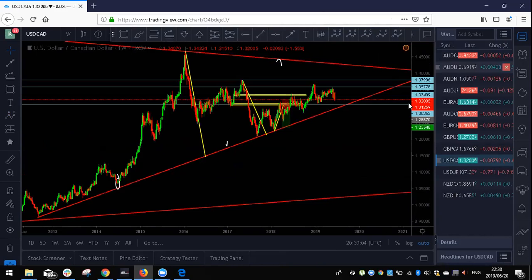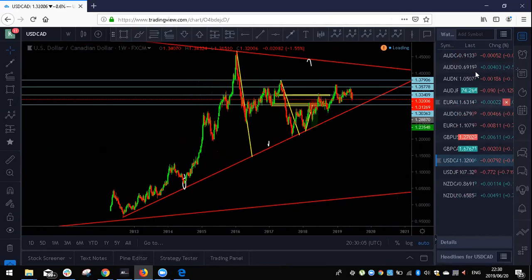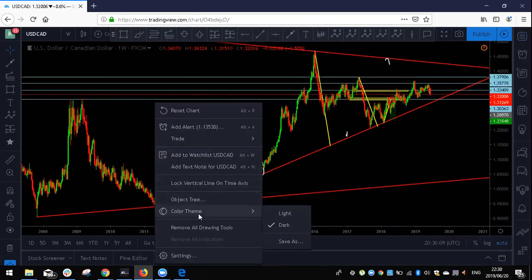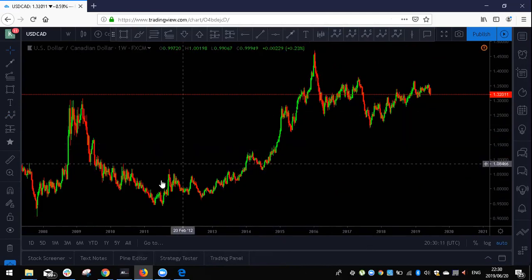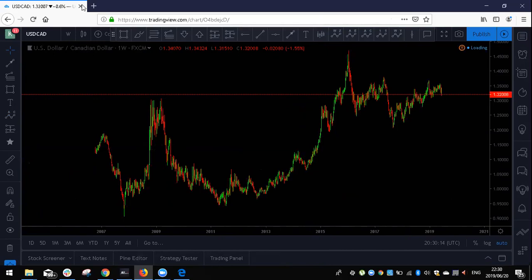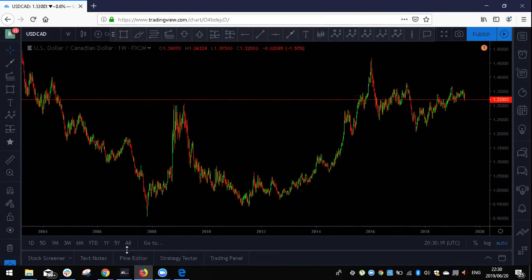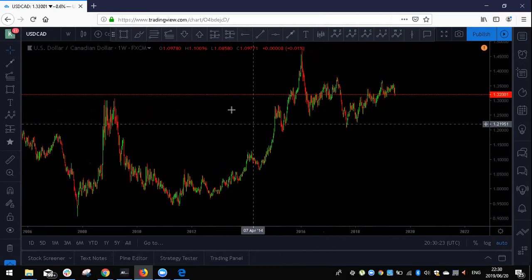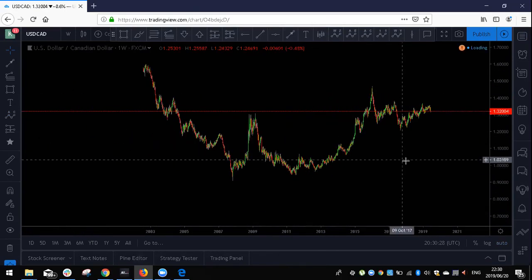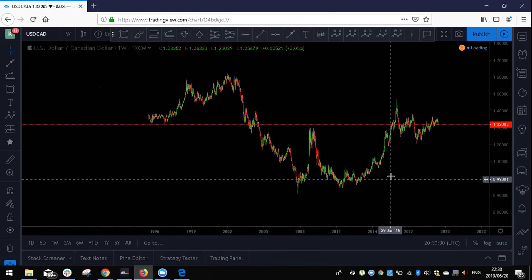Let's see USD CAD, because these are not my original charts. I use Firefox when I'm having a lesson, just so I don't mess up my original charts. So this is another TradingView account.